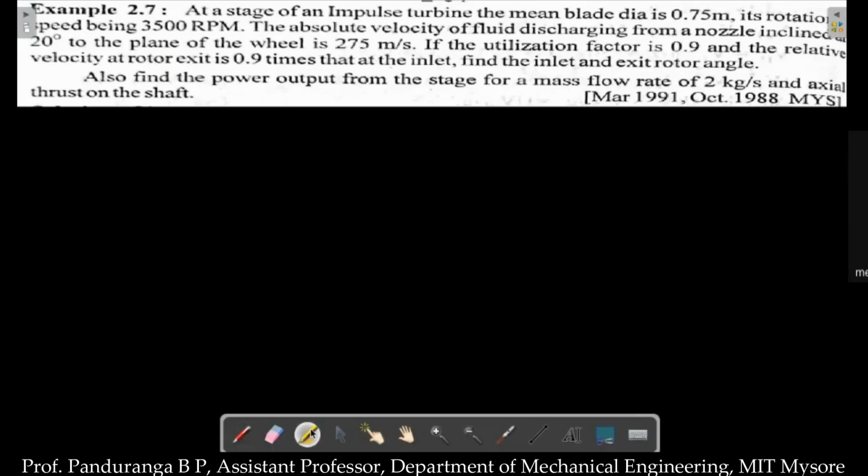Okay, in this problem, at a stage of an impulse turbine, the mean blade diameter is 0.75 meters, its rotational speed being 3500 rpm. The absolute velocity of the fluid discharging from the nozzle inclined at 20 degree to the plane of the wheel is 275 meter per second.